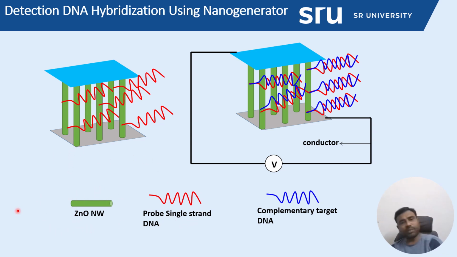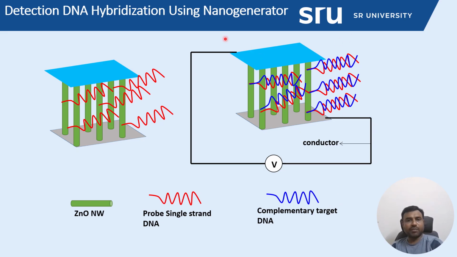So here what will happen? In this nanogenerator device, we attach the probe single strand DNA. After that, we allow the complementary target DNA. The complementary DNA forms a perfect double strand DNA.